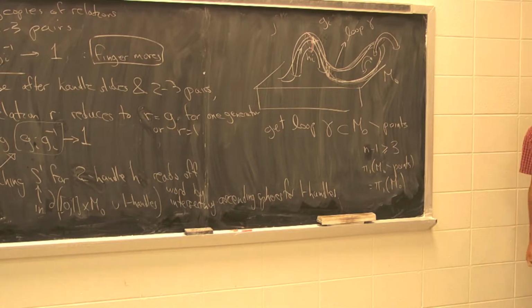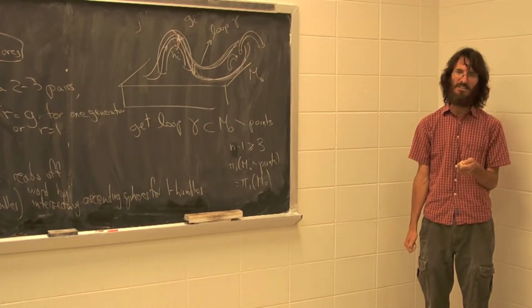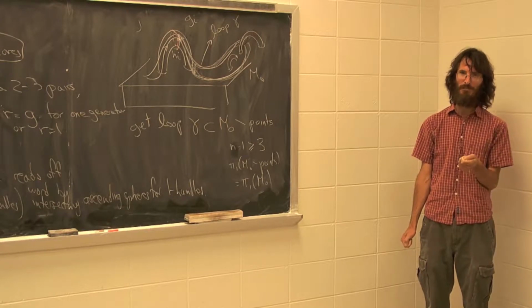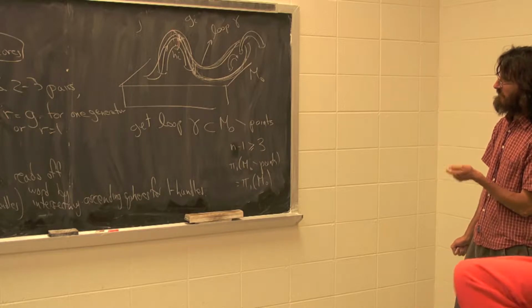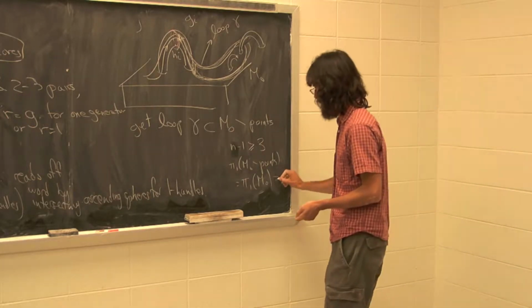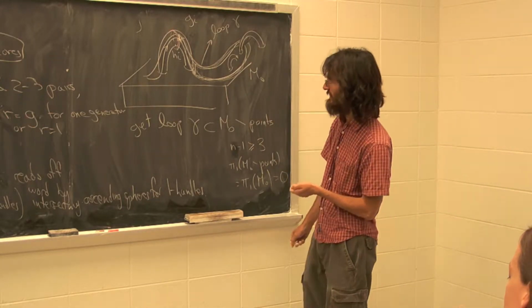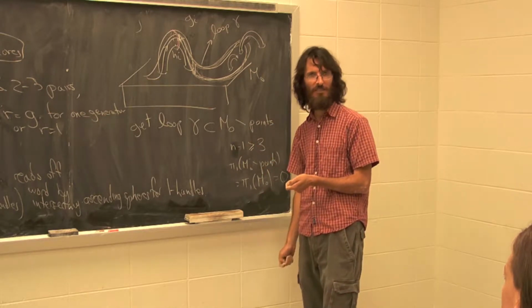Removing points from a 3 manifold or higher does not change the fundamental group. Removing points from a 2 manifold does. Okay? So, therefore, because pi 1 of M0 is trivial, gamma bounds a mapped-in disk in M0 minus some points.